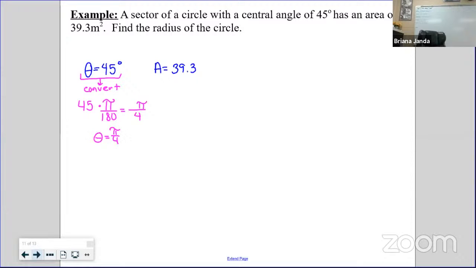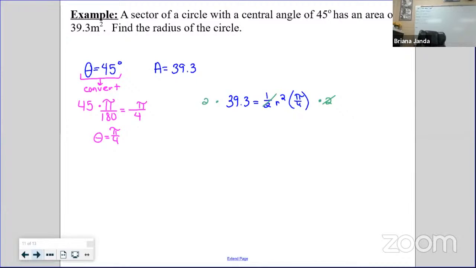And then this one gets just a little bit ugly here. So our area is 39.3. Let's talk about how I can do this on my calculator. The whole pi over 4 thing is always a little bit tricky. If it was me, this is what I would be doing on my calculator. I would multiply by 2 to get that 1/2 out of there.